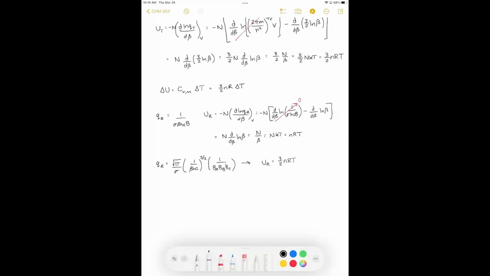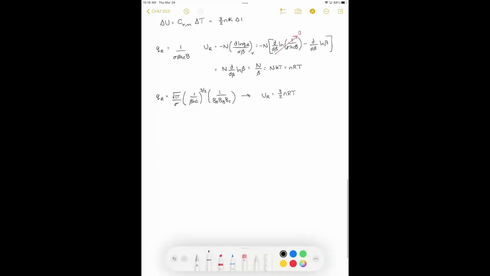Vibrations were a little more complicated since the vibrational energy levels are not equally accessed, unlike translation and rotation for most molecules. We've already seen that we can determine the vibrational partition function using a series identity. So what we have is Q sub V, the vibrational partition function, being 1 over 1 minus e to the minus beta HC nu, and here we'll write that as 1 minus e to the minus beta HC nu raised to the -1.